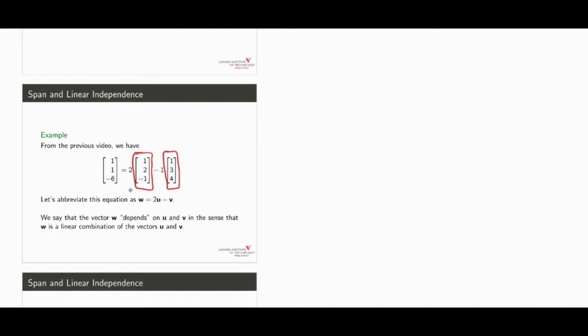Okay, so let's abbreviate all this by saying that this is a vector w, this is a vector u, and this is a vector v. So the above equation can be written as w equals 2 times u minus v. And obviously, our intuition tells us that this vector w is related to the vectors u and v. The vector w depends on the vectors u and v in the sense that w can be written as a linear combination of u and v.